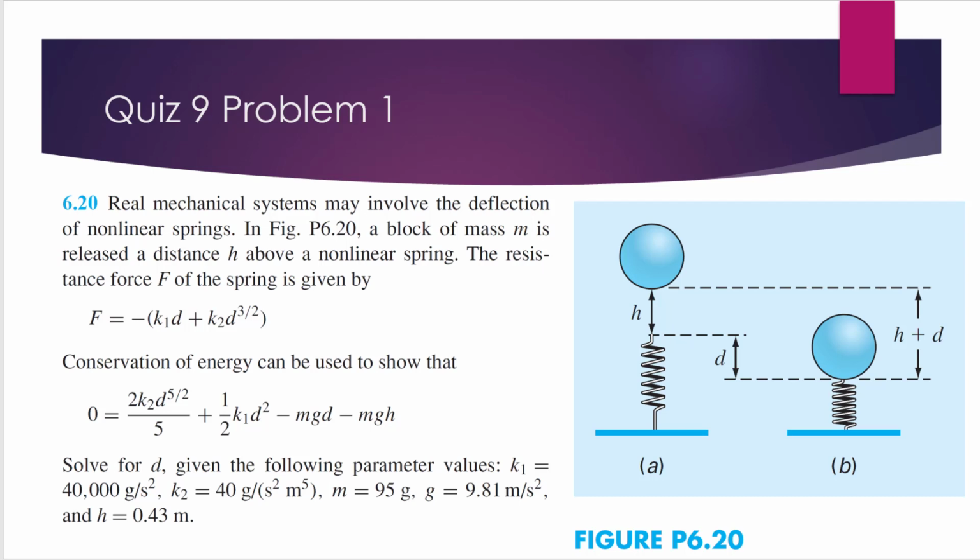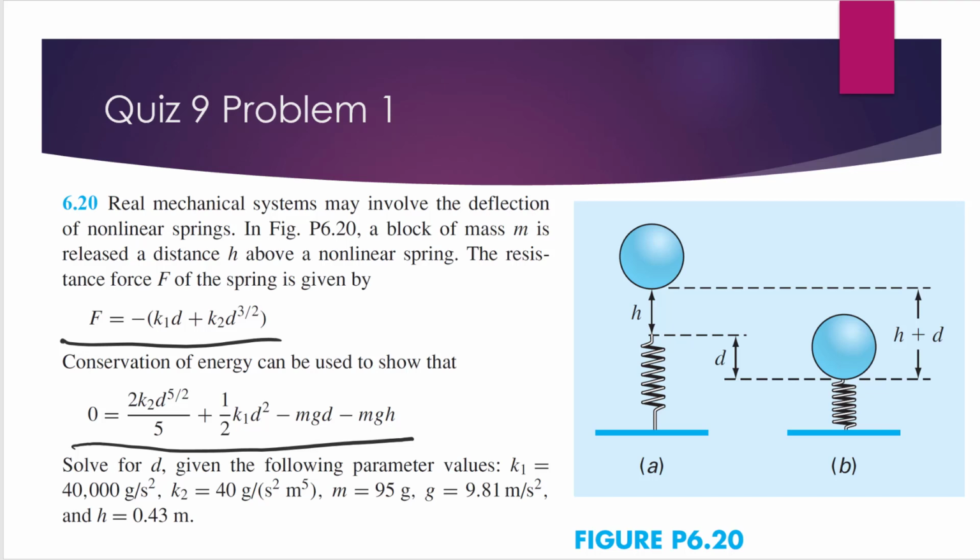The resistance force F of the spring is given by this nonlinear function, and conservation of energy can be used to show that 0 equals these terms, and solve for d given the following parameter values. So k1, k2, m, g, and h are all given. You need to solve this nonlinear equation for d.